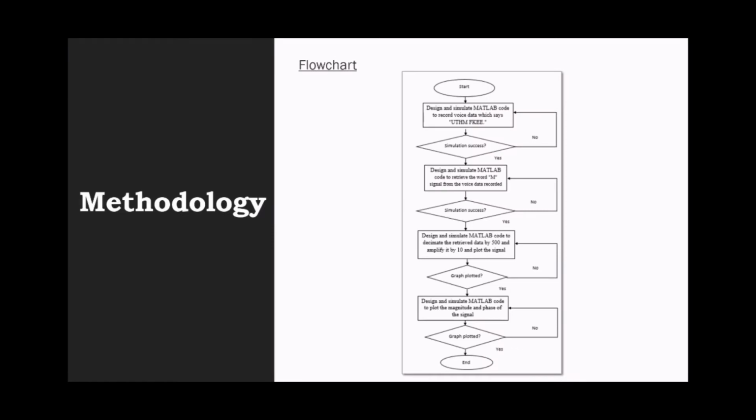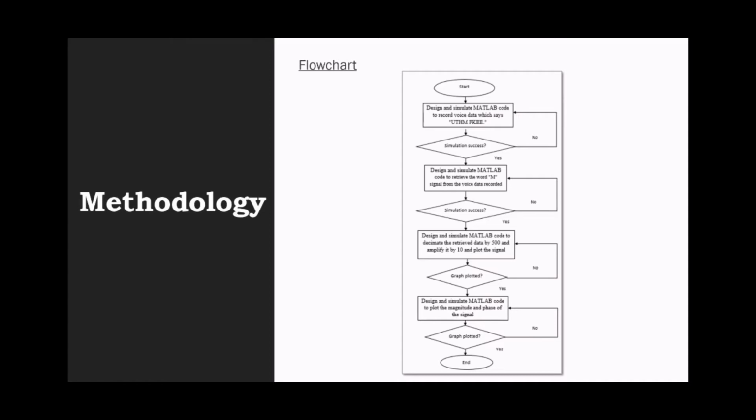Next we go through the flowchart for this project. First is start, and second is design and simulate MATLAB code to record voice data with the phrase UTHM FKE. After that, we need to simulate the voice, and if the voice is successful, we go through the design and simulate MATLAB code to retrieve the word M signal from the voice data recorded.